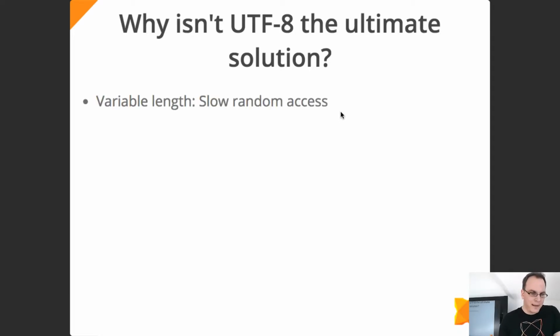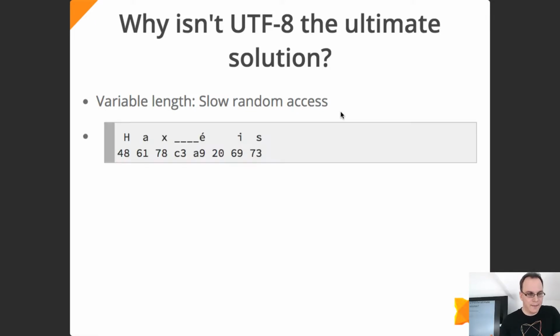So the problem with UTF-8 is that it has a variable length, which means we have a very slow random access. And why is that? If we look at just the substring Haxe with that French E, you can see most characters are represented by 1 byte. And this guy, unfortunately, is represented by 2 bytes.